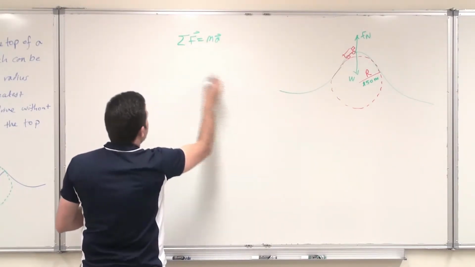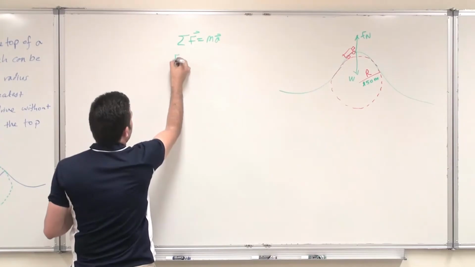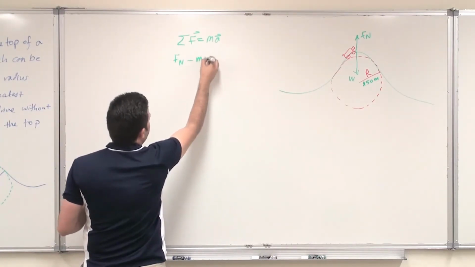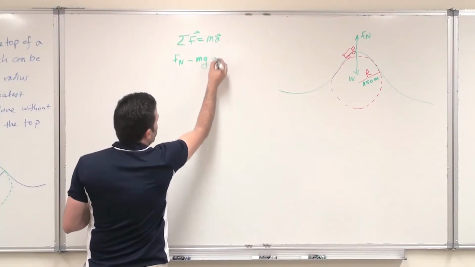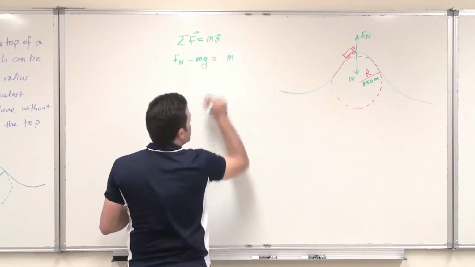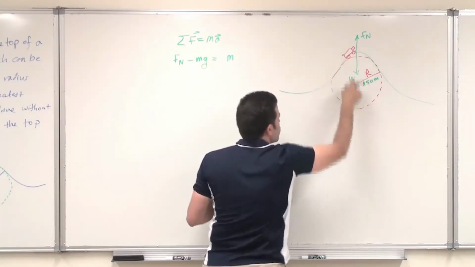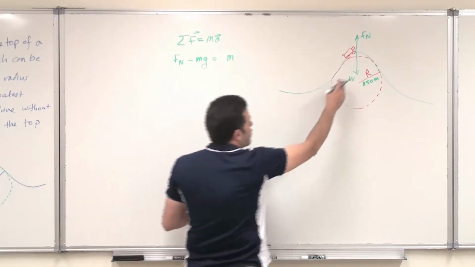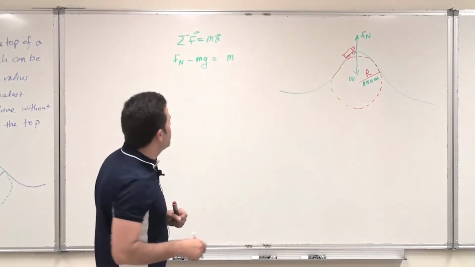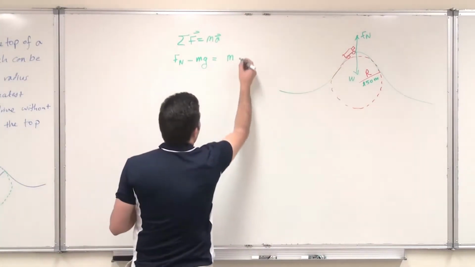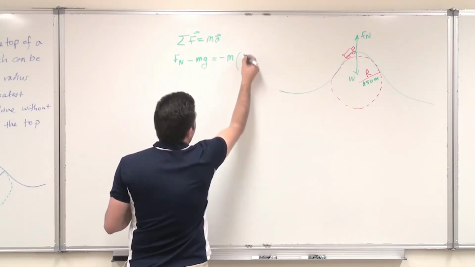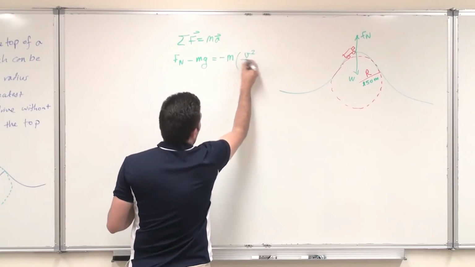And the two forces here, the normal force F normal minus the weight mg pointing down, should equal the mass multiplied by the centripetal acceleration, which is also pointing down, because at the top of the hill the direction of the radial acceleration will be toward the center, down. So I need to put a negative sign here. So it is basically v square over r.